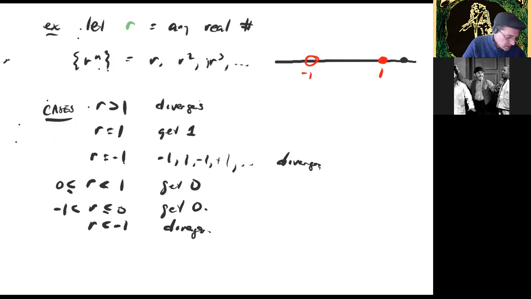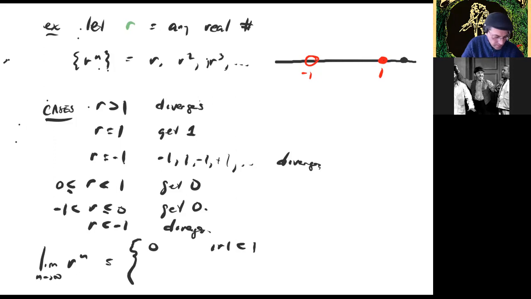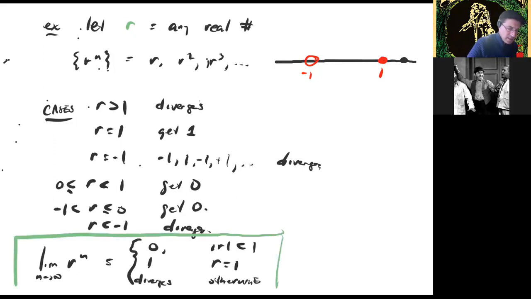So the answer is: the limit as n goes to infinity of R to the n is 0 if the absolute value of R is less than 1, 1 if R equals 1, and it diverges otherwise. Okay, so that's an example.